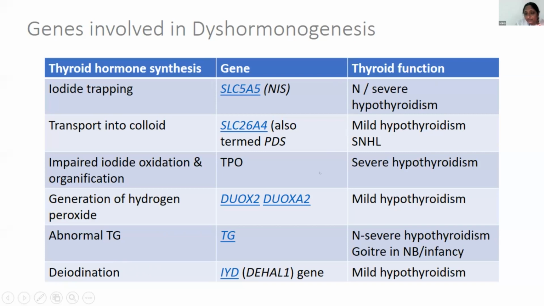Once again, genetic studies are not routinely recommended. Only if there is a difficulty in diagnosis, only if there's other system involvement, or the thyroid function test doesn't fit in, are genetic studies to be done in hypothyroidism.